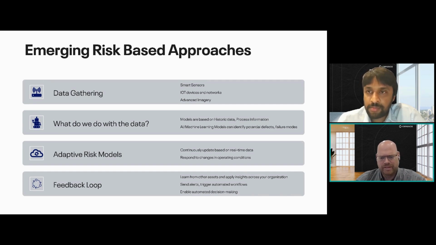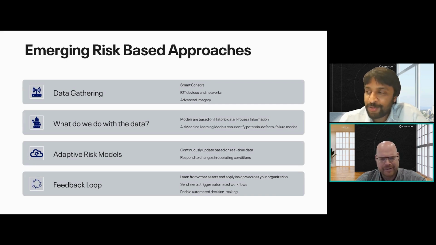So there are these fantastic data sources. They provide real-time data. I think we need to have some sort of approach to analyzing all that data, to managing that data, and that's probably where dynamic RBI fits in. Collecting that data is one thing, but what do you do with it, Ron?